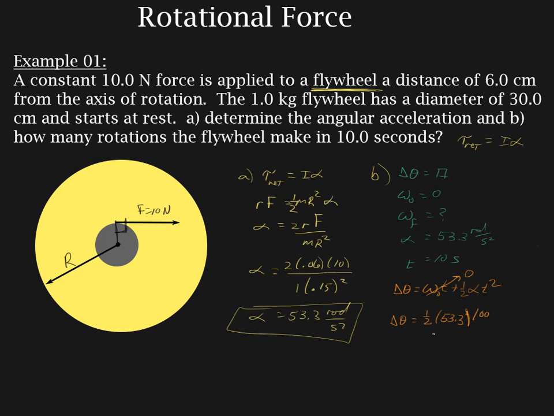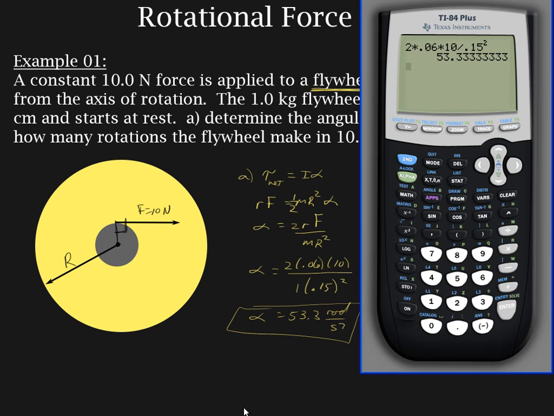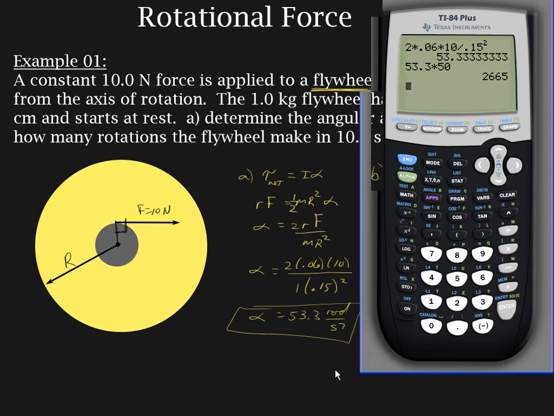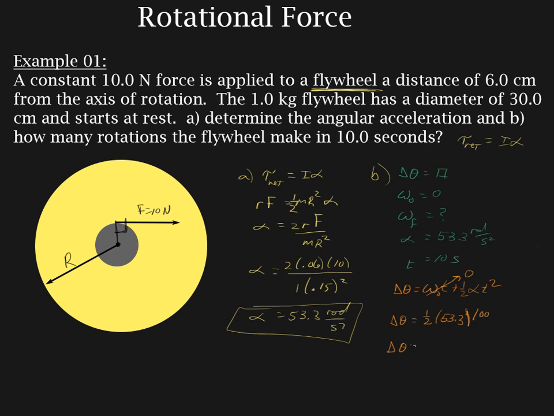So let's do the math very quickly. Basically, we have 53.3 times 50. So this becomes 53.3 times 50, and we get 2665 for delta theta.